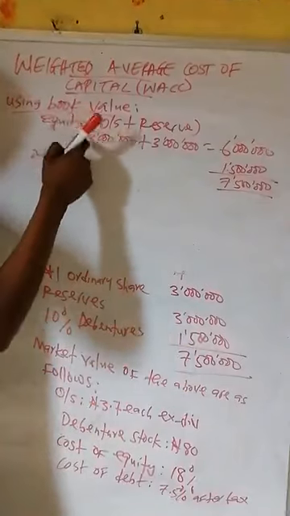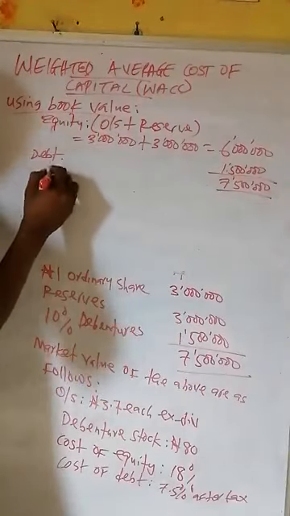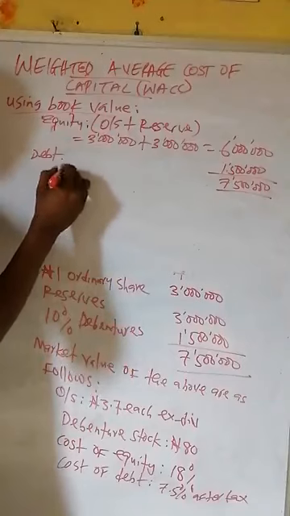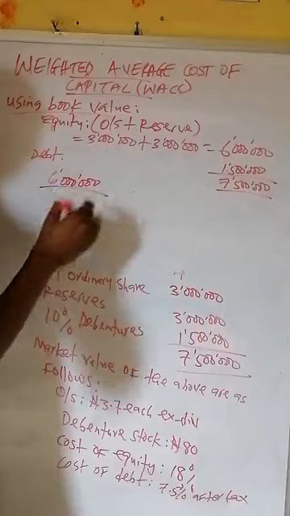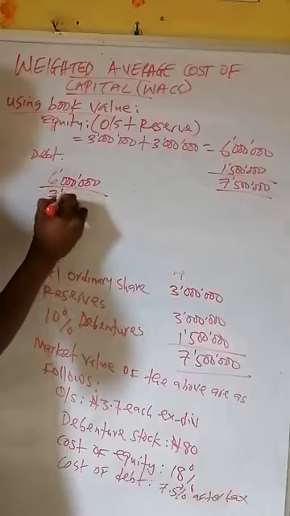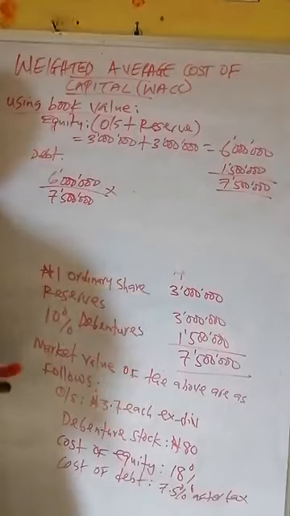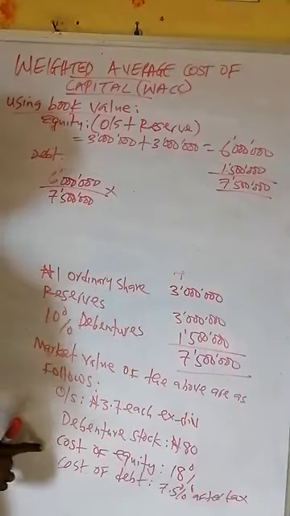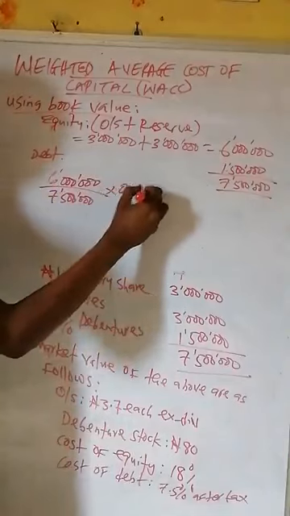The formula approach: what is the value of equity? The value of equity now is 6 million, all over the value of the company, 7.5, times the cost of equity. What is the cost of equity given to us? 0.18.